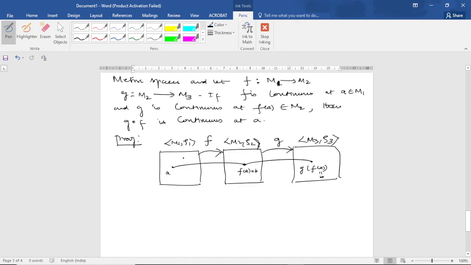All the general points in M1 I name as x, and all the general points in this set I name as y. So to avoid confusion, you can refer to that theorem where we used f as a real valued function. The same concept we shall use, and we have to be very careful which metric we use at which place. So now we go to that theorem.